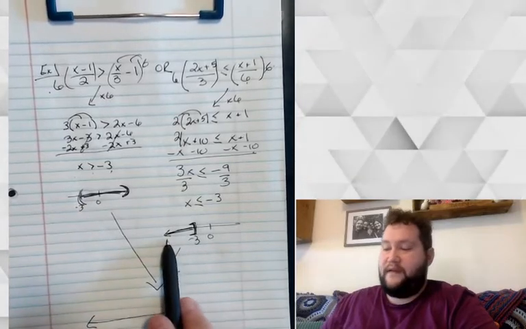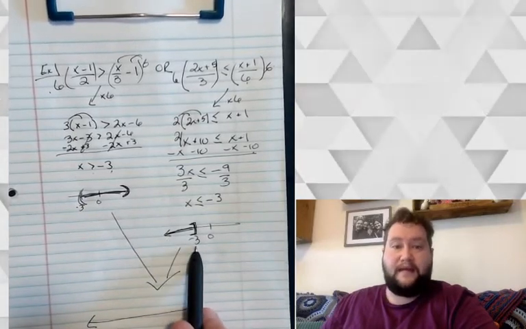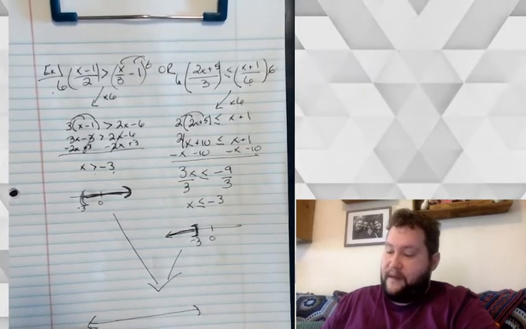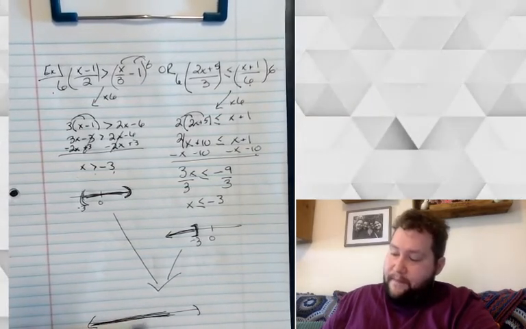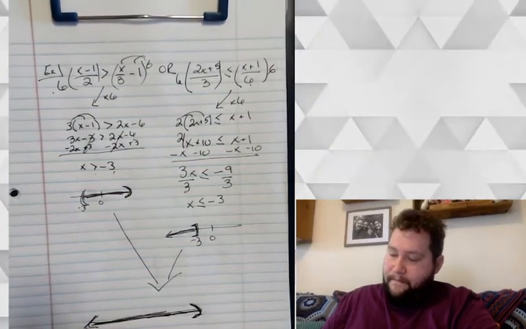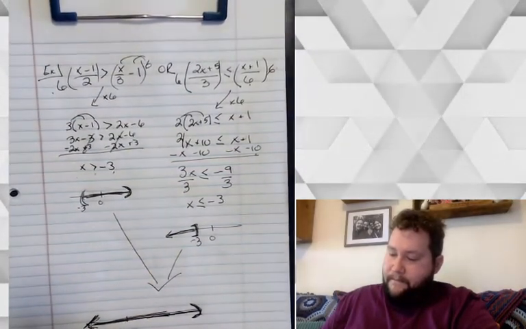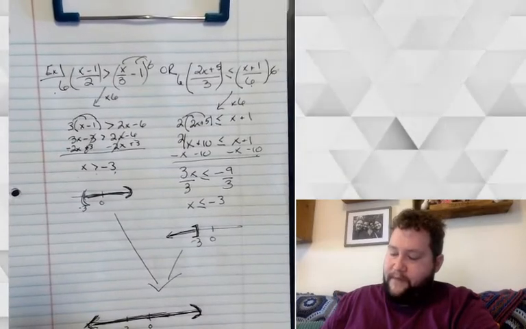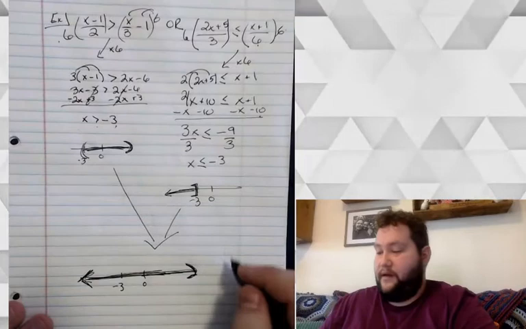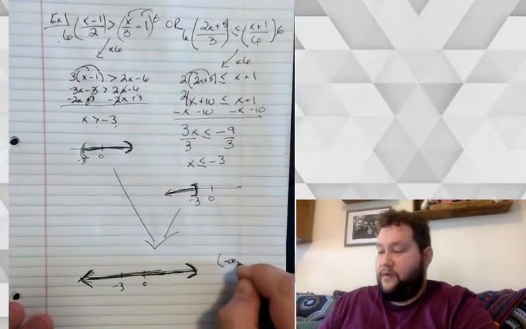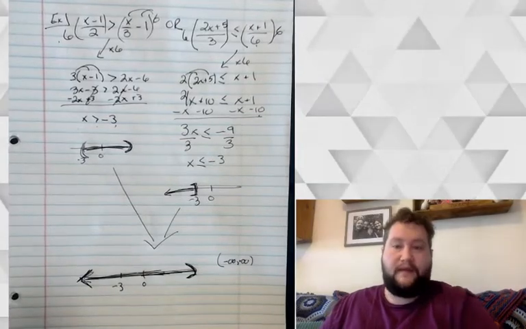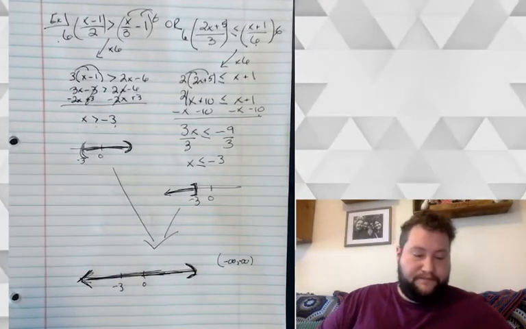And this is everything to the left of negative 3 and negative 3, which means we end up having the entire number line, and we don't have to exclude anything. So here we have the whole number line between negative infinity and positive infinity.